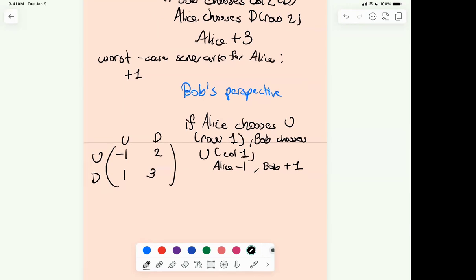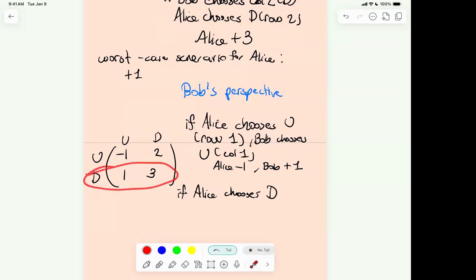Okay, let's go through the second option, where Alice chooses D, which is row two. Again, what is Bob's preference?